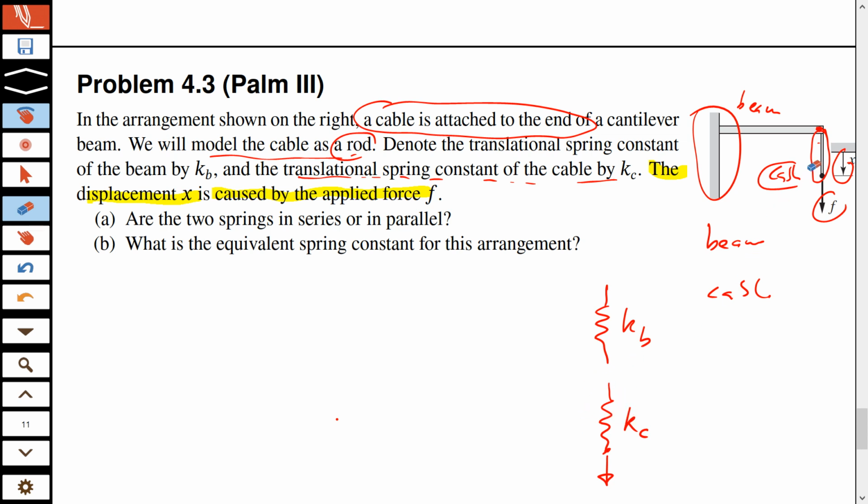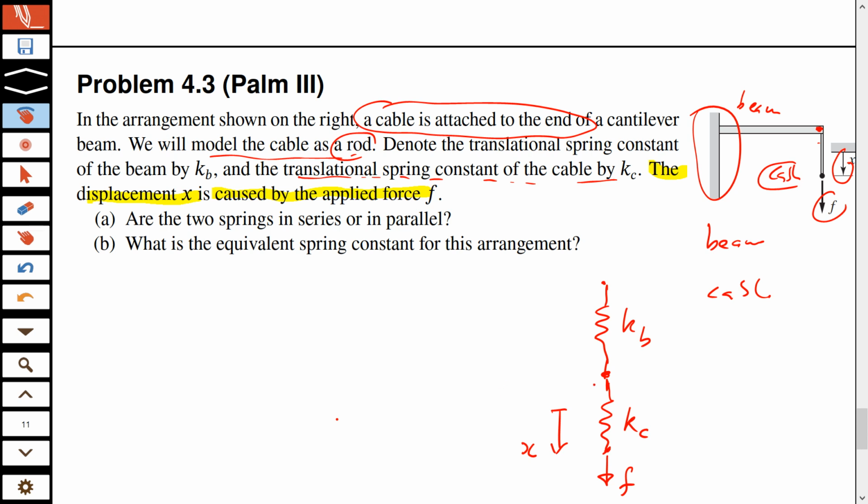And of course, because this spring is connected to that spring, so we are connecting these two by a point. अब इसका ये एंड फ्री है, इसका ये एंड यहाँ पे फोर्स F लगा हुआ है, और ये जो x है, x is the displacement.